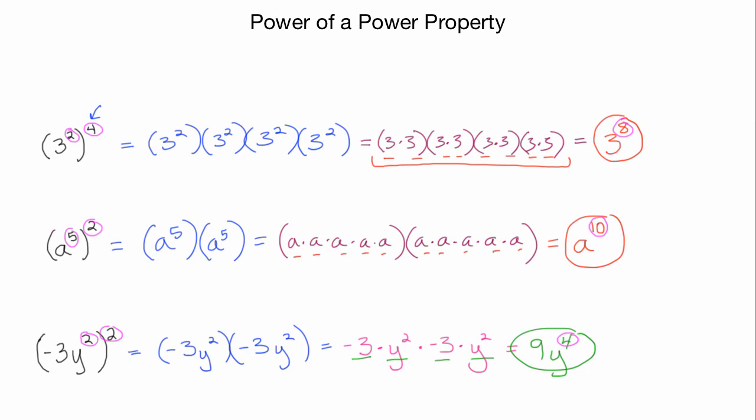So in general then, if we have some base number b taken to an exponent m, but then the whole thing is raised to another exponent n, the result is I have n groups of m b's, so altogether I have m times n number of b's. That's the power of a power property.